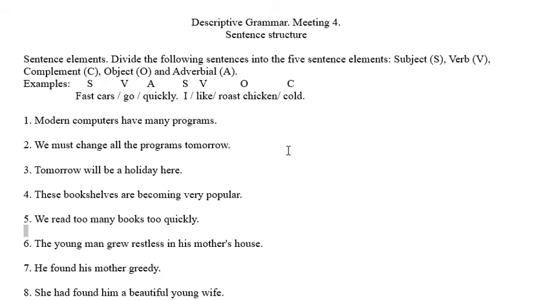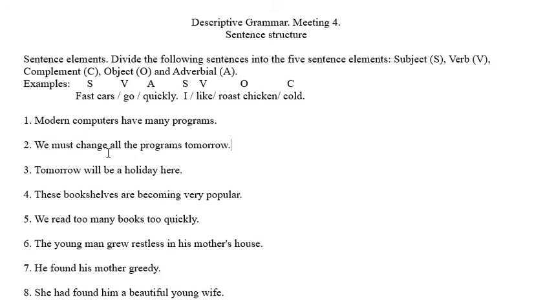Okay, so here we've got we as a subject, and then obviously we've got a verb form. But have we got 2 verbs here? Well, no. As far as the sentence is concerned, must change is 1 verb structure, okay, with an auxiliary, which is must, and change, which is the lexical verb. So we'll have a slash here.